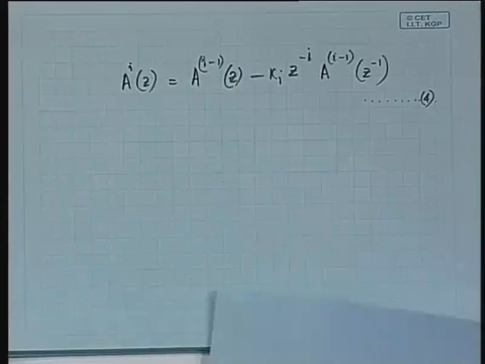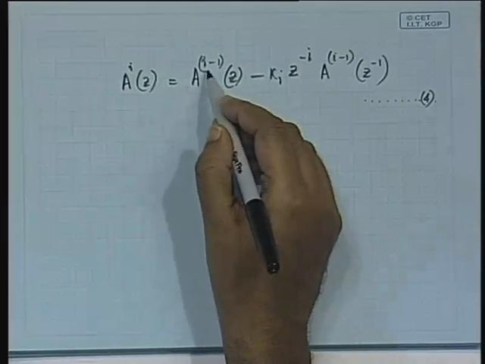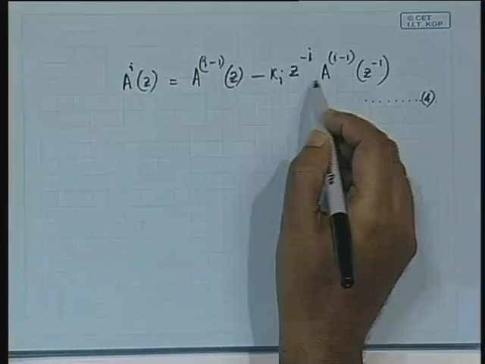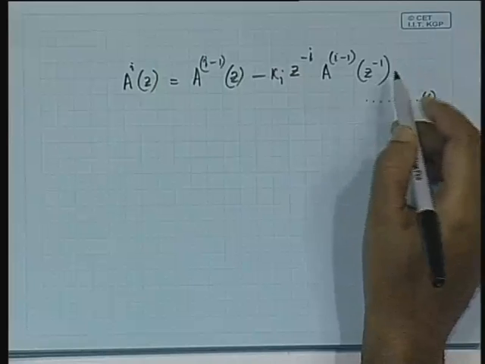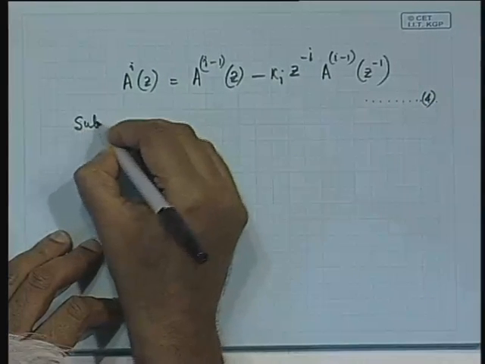So it will be A I minus 1 Z S Z minus this expression times S Z. So let us write it down, substituting 4 in 3.